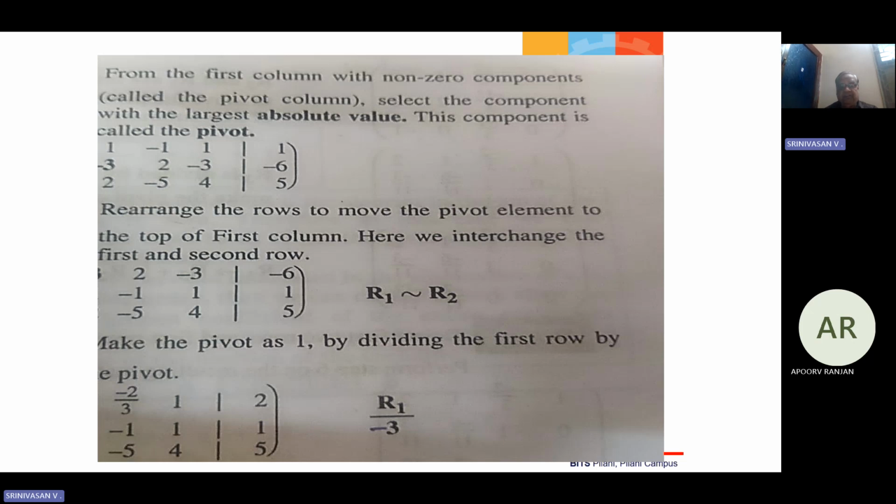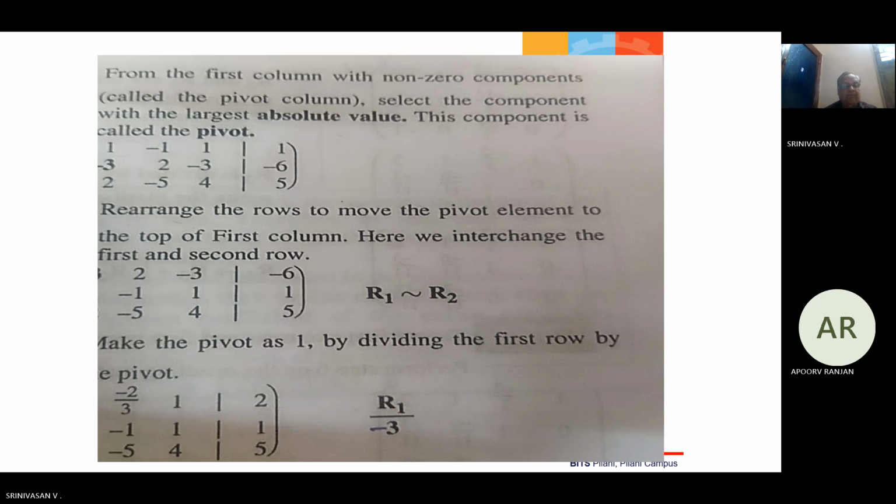Interchange. That is R1. If I put a two-way arrow mark, it is interchanging. Isn't that? Here, you have 3. It is -3 actually.